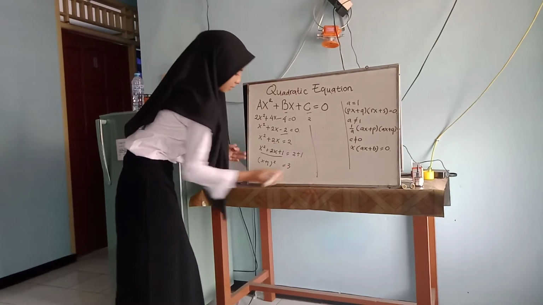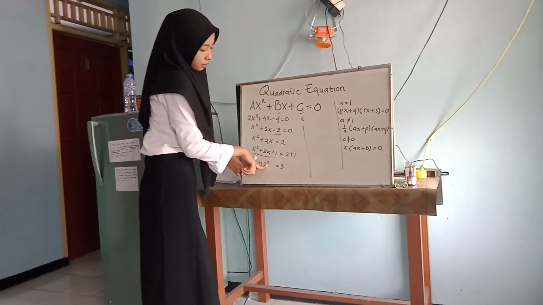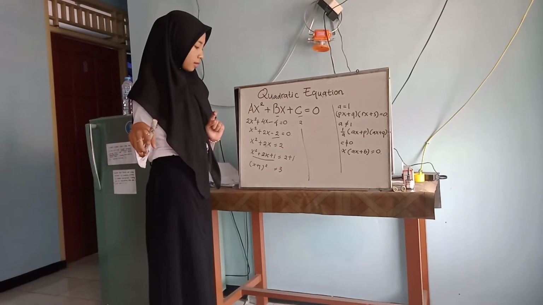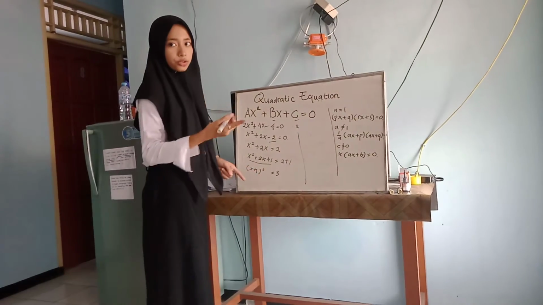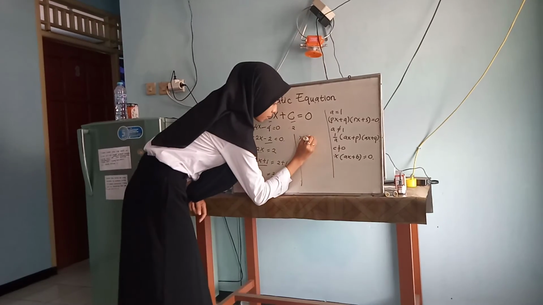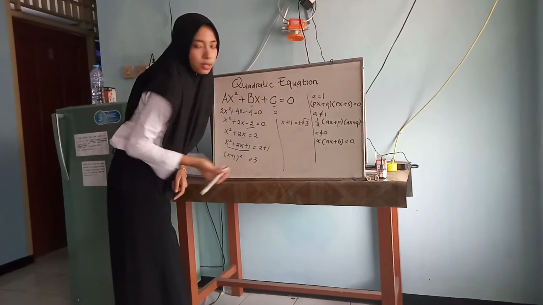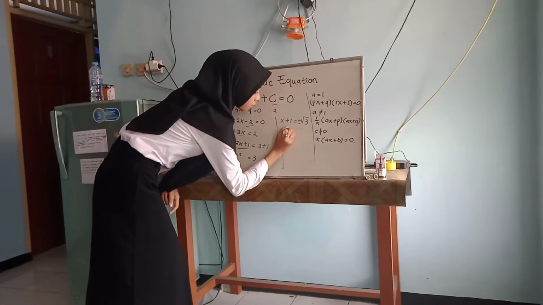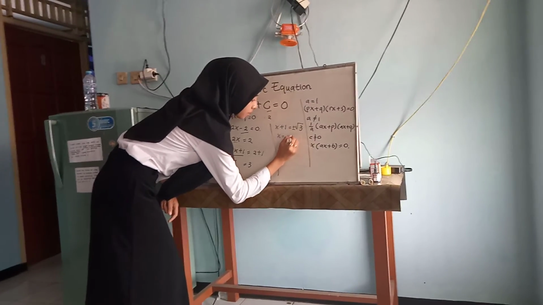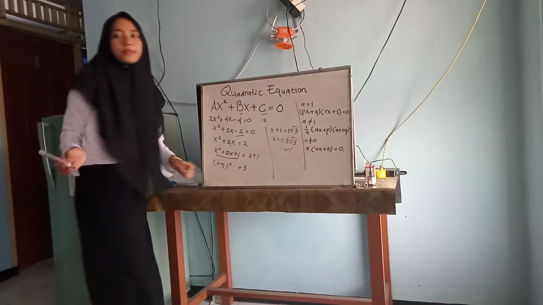Then we can solve it by changing the square into roots. x plus 1 equals plus or minus root of 3. So we get x equals minus 1 plus or minus square root of 3. This is the answer.